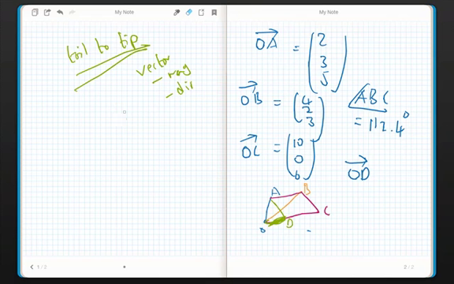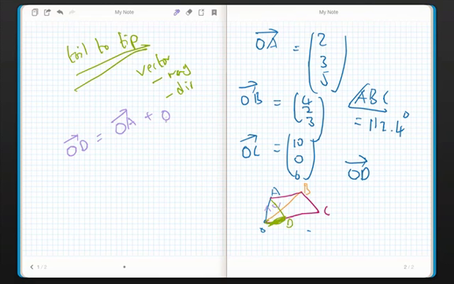Now, reproducing that material over here, let me change the color. We can say that in our diagram over here, our OA is traveling this way and our AD is traveling this way. So we can automatically say OD, our position vector of D, is equal to OA plus AD.